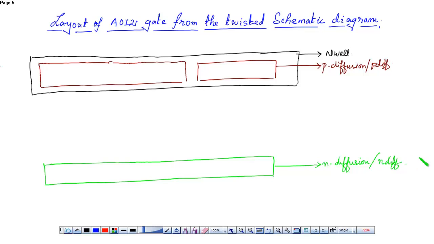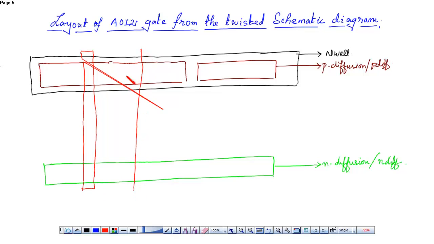Now, after drawing the layers, next you have to draw the terminals. So first you'll start with the gate terminal. This is the first gate and this is the second gate.